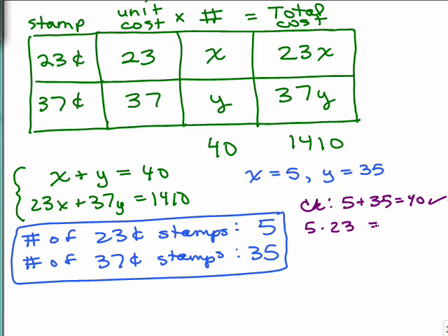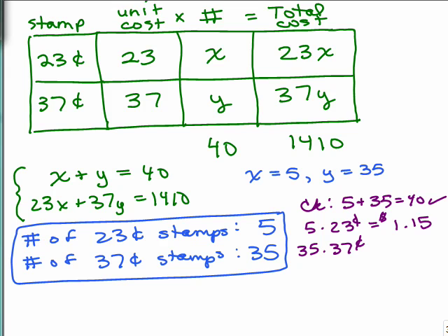You could use your calculator. I think that's 115. But I'm using 5 times 23 cents, so that's really $1.15 if we're talking money. And then I've got 35 of the 37-cent stamps. You can multiply that out the long way or use a calculator.